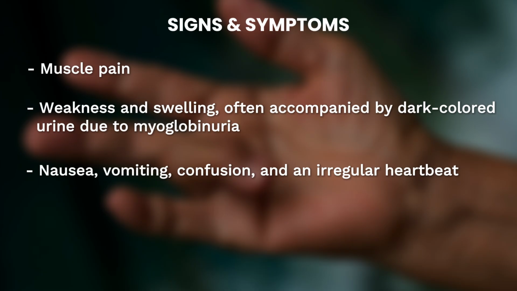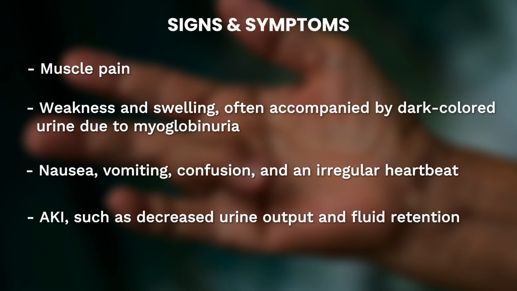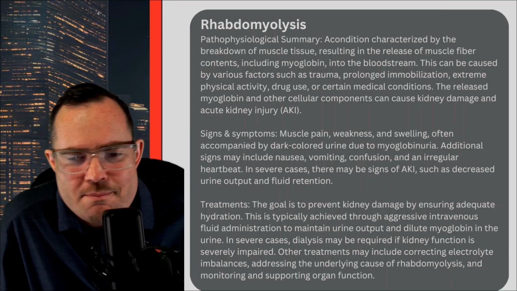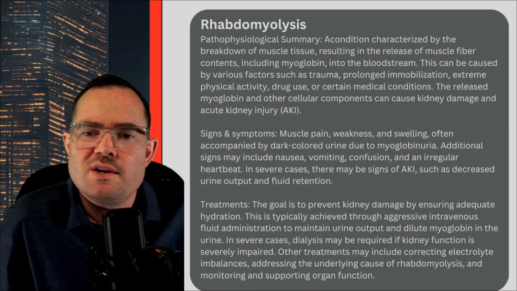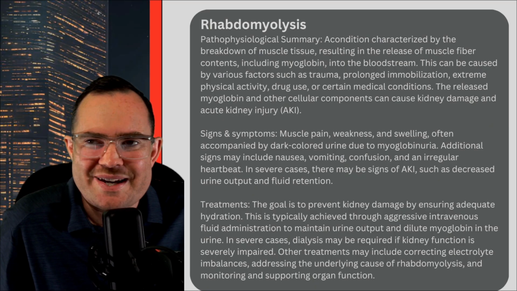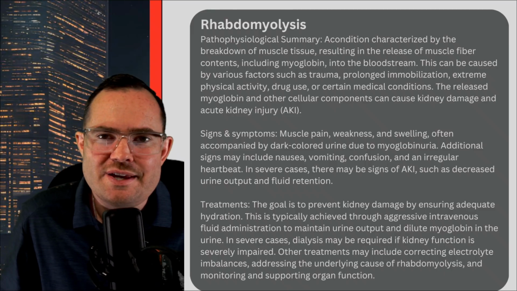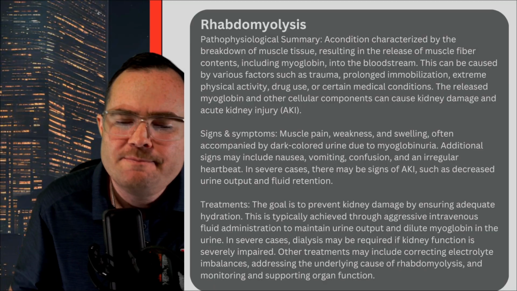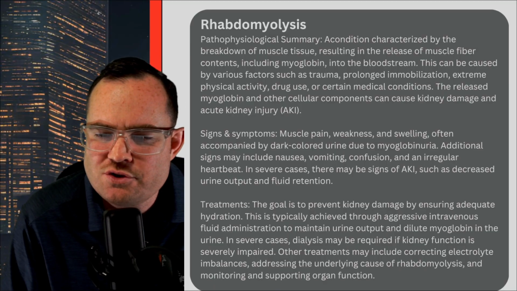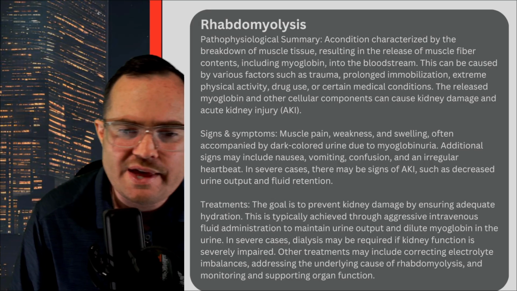In severe cases, there may be signs of acute kidney injury, such as a decreased urine output and fluid retention. Now, I will tell you that most people in the fire service specifically suffer from rhabdo due to excessive exercise, typically in fire school or going through some sort of academy. This can be really dangerous for that candidate or for that cadet.